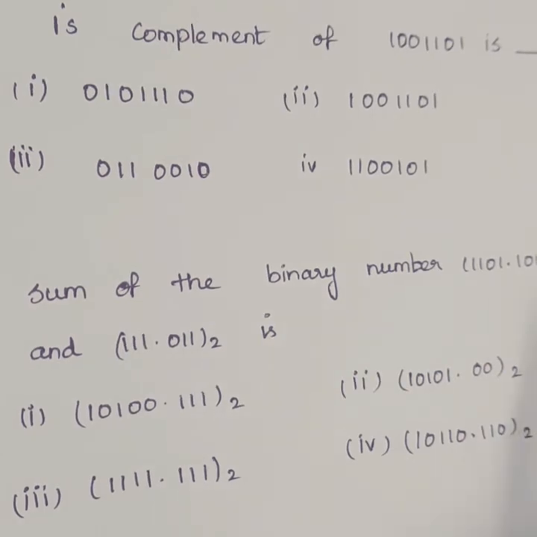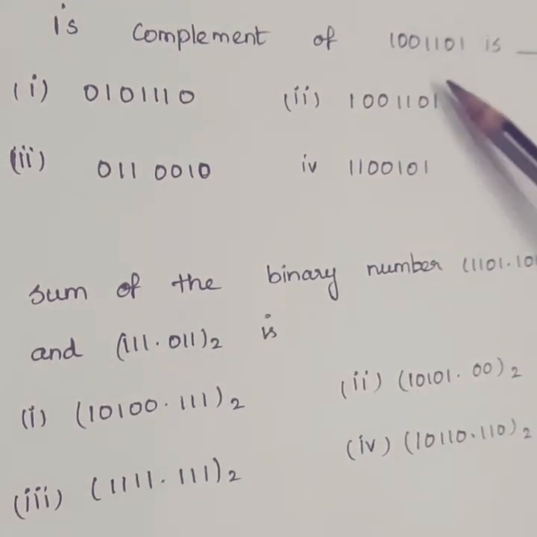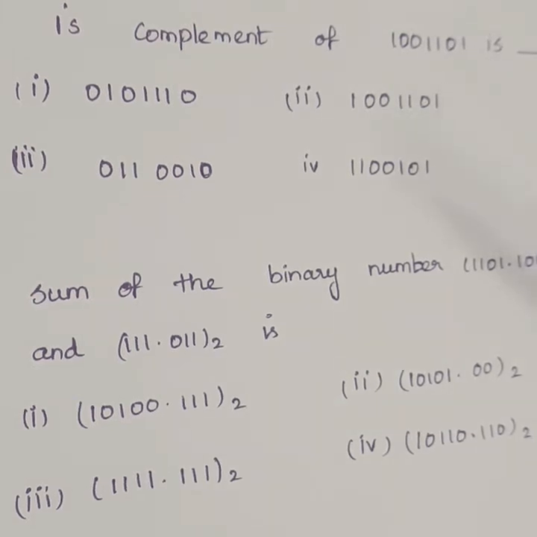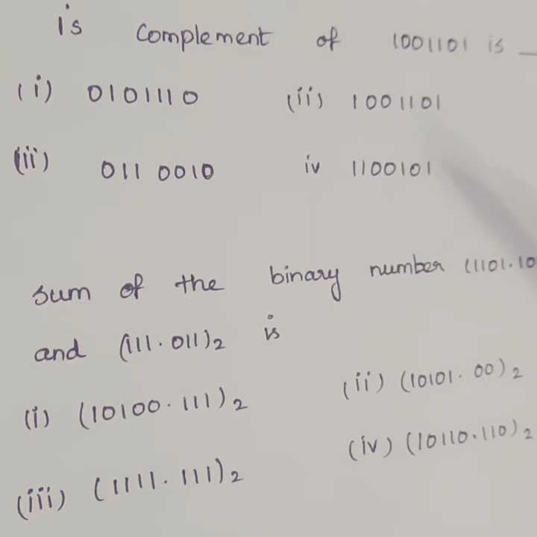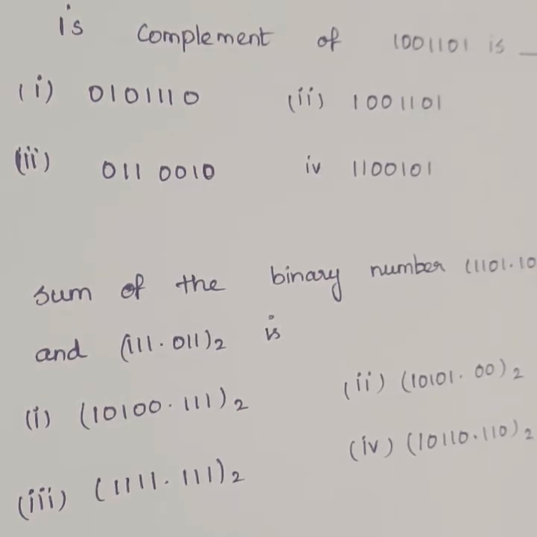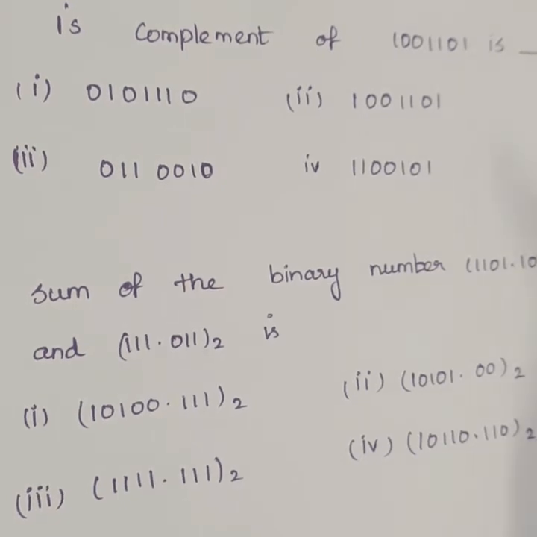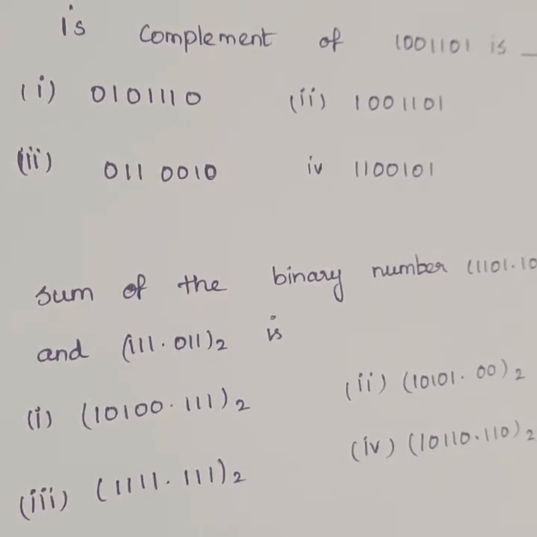Next question, 1's complement of 11001101. To take the 1's complement, you have to complement each digit in that binary value. That means you have to complement each bit.